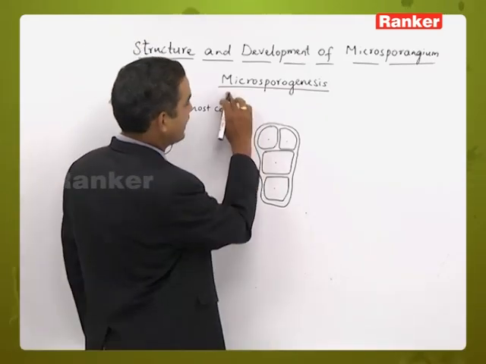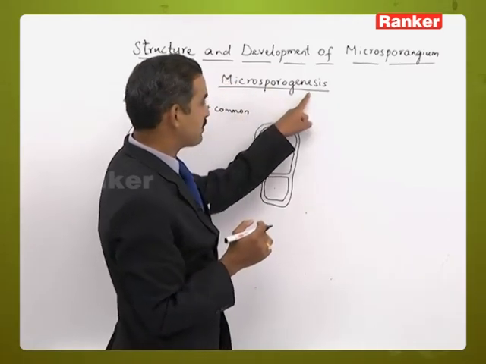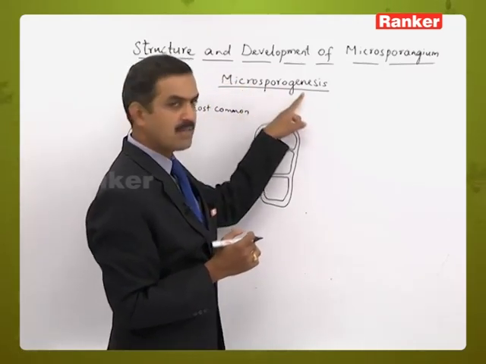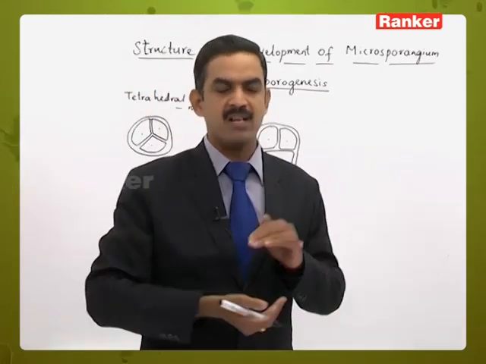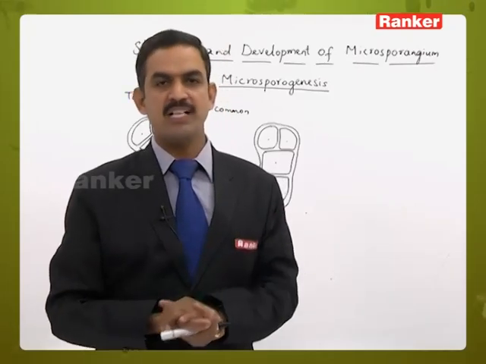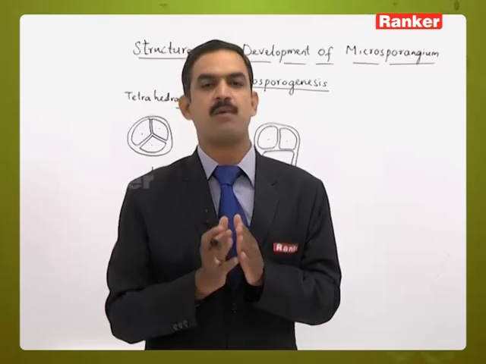As we have written the heading microsporogenesis, genesis means formation, the formation of the microspores. Already we had discussed that the microspore mother cells will undergo meiosis and be converted into a tetrad of microspores, and from the tetrad 4 microspores are separated.